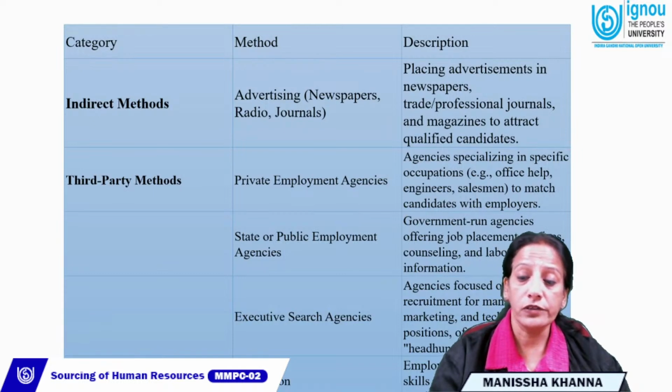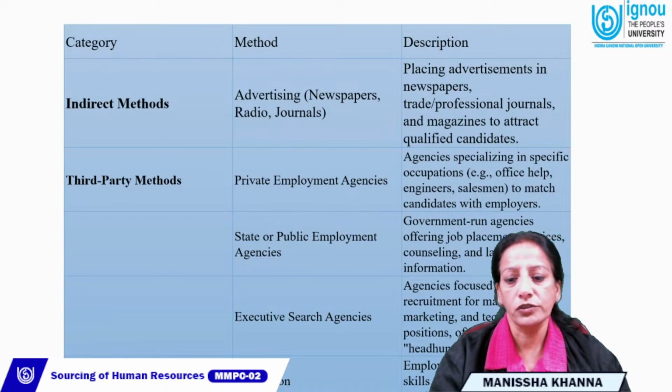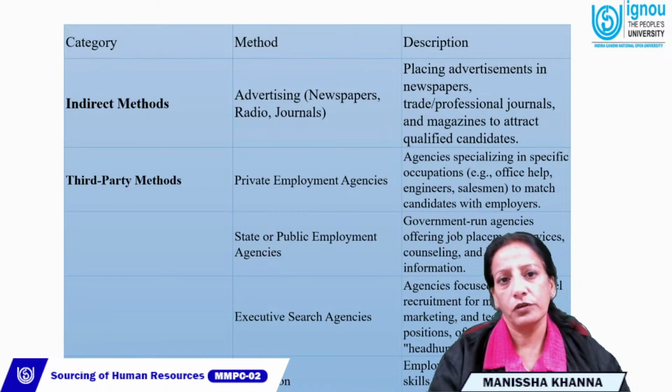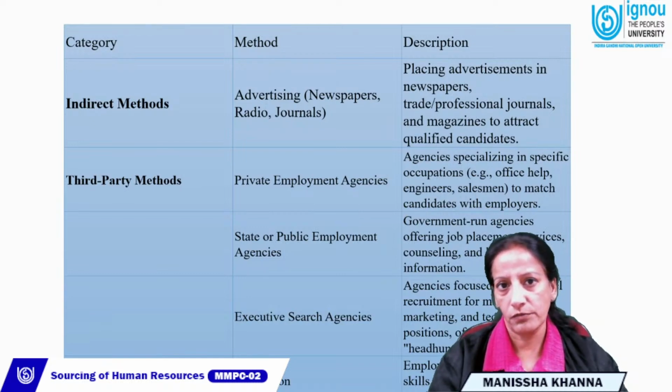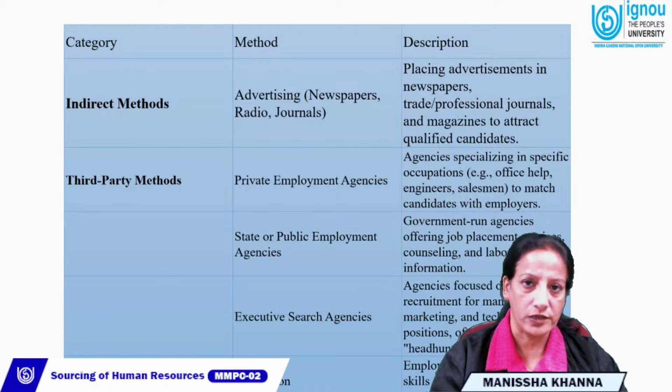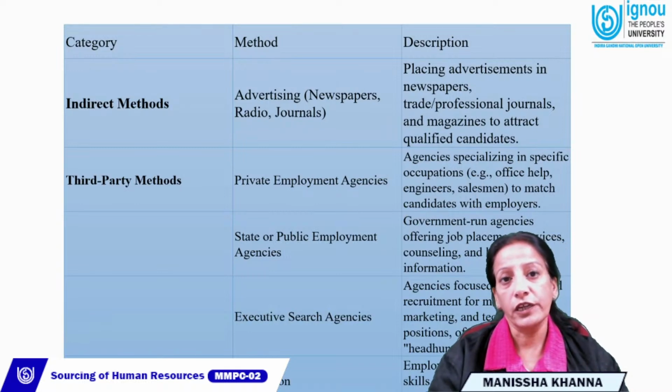Executive search agencies are mainly known for managerial, marketing or technical positions. They are also called headhunters. Headhunters refers to the people who hunt or approach the people from a similar role in another organization, and ask them for a job change, or maybe give them some offers.